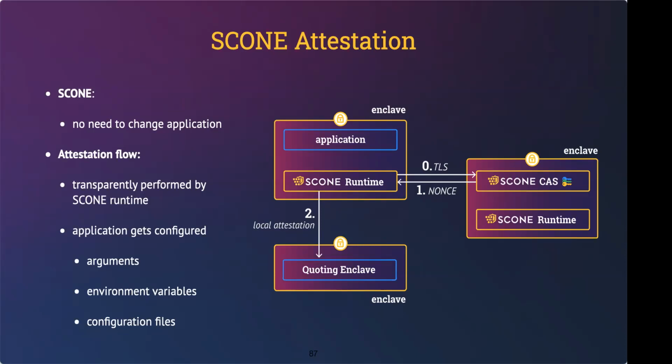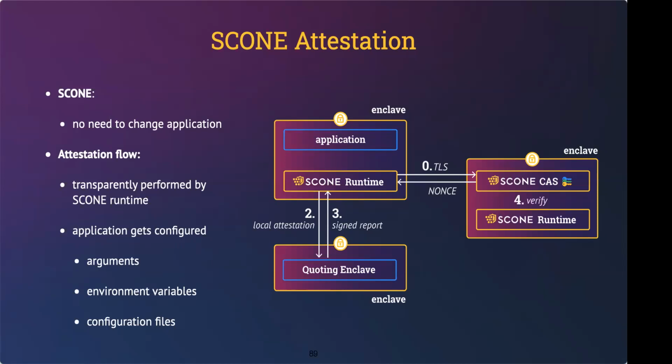The quoting enclave creates a report that is signed, and that report says, basically, there is an enclave that has a certain initial state. It has an initial random public key that is part of the signed report. And this report is then sent back to the CAS.